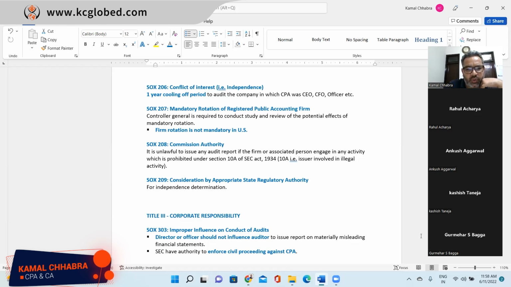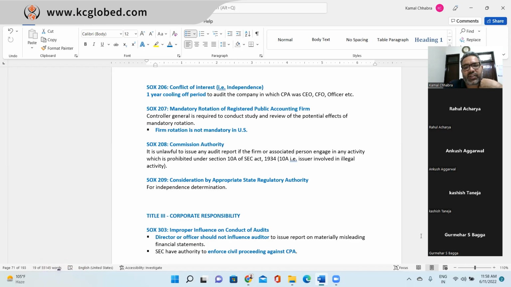It is unlawful to issue any audit report if the firm associated with the person engages in any activity which is prohibited under Section 10A of the Security Exchange Act 1934, issuer involved in illegal activity. In our earlier class, we discussed Section 10A of the Security Exchange Act 1934.